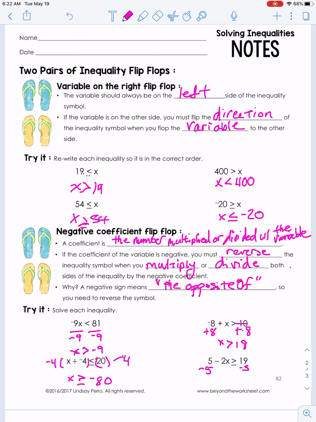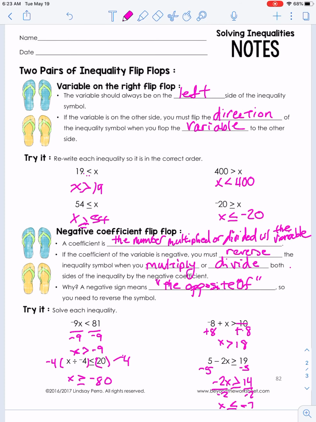So we end up with -2x is greater than or equal to 14. Now we divide each side by -2. So x, flip the sign, is less than or equal to -7.